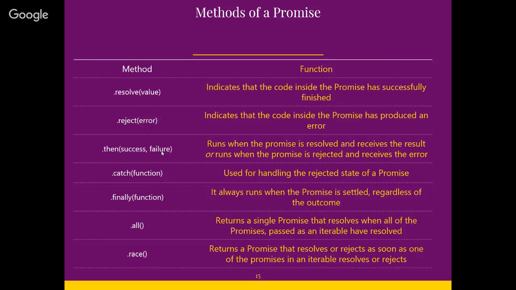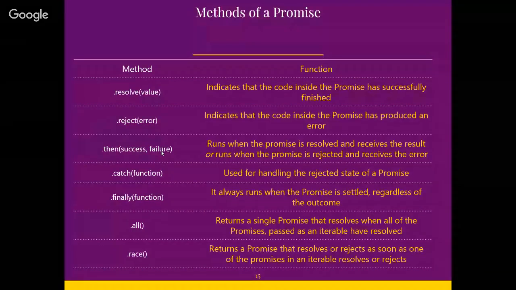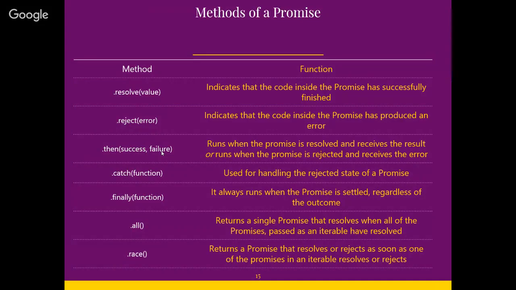The race method, finally, also expects an iterable full of promises. The difference is that it only waits for whichever promise is resolved first to get its outcome returned.